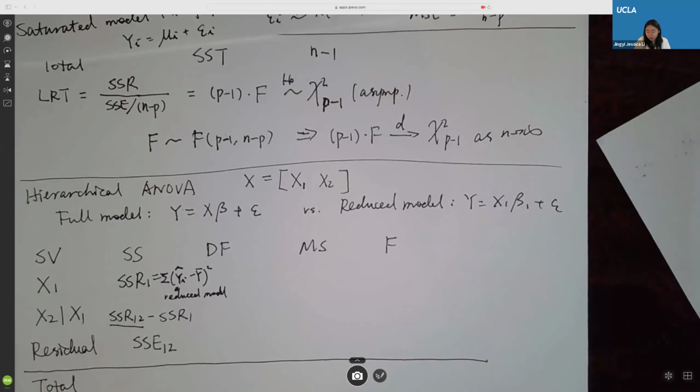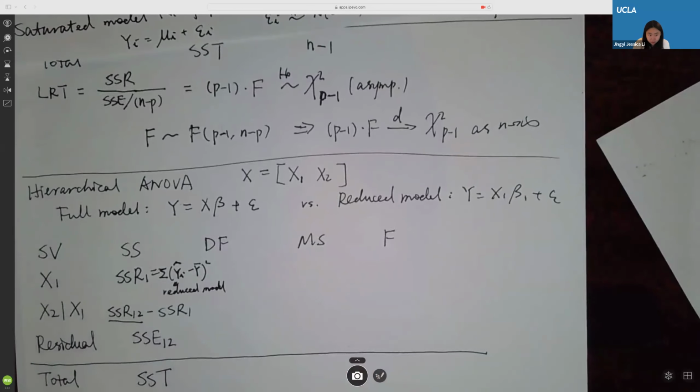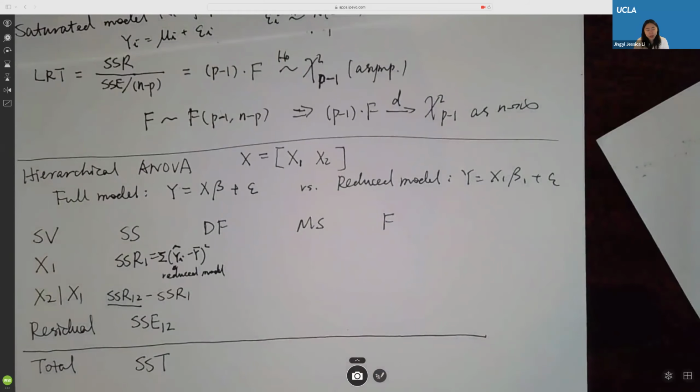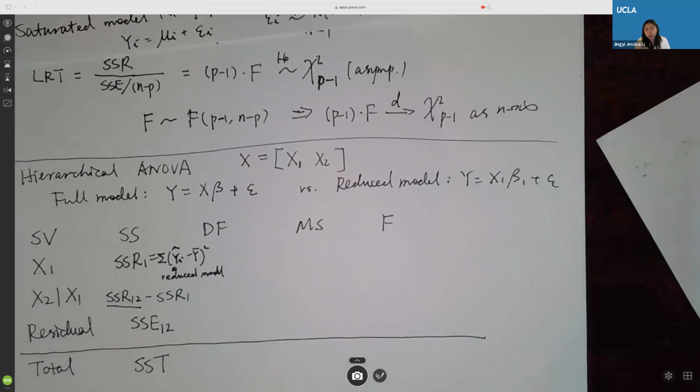Okay, and now the degrees of freedom. So the total is still SST, so I put it here, total variation. And we can actually show that when you add up the first two rows, it becomes SSR12, just the full model SSR, because SSR1 is canceled here. And we know SSR12 plus SSE12 is SST, right? Under the full model, we have the decomposition.